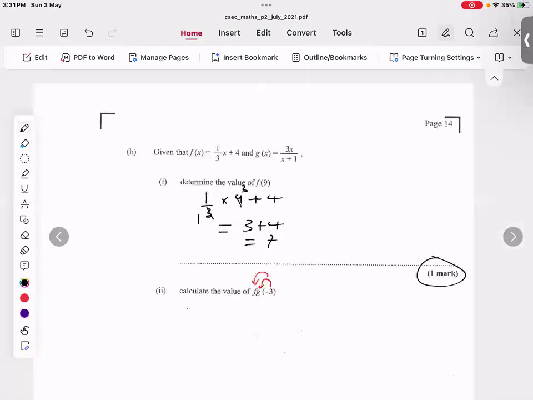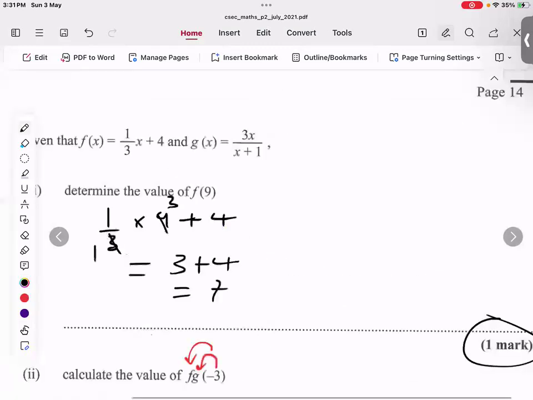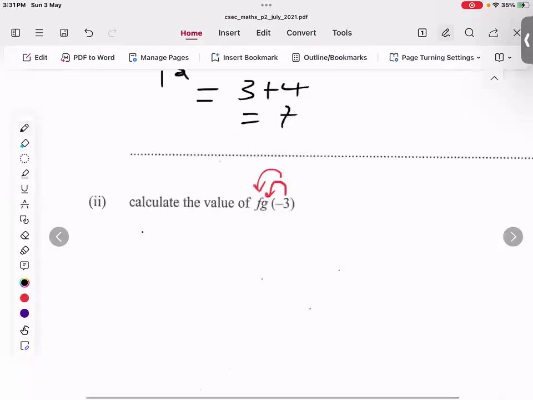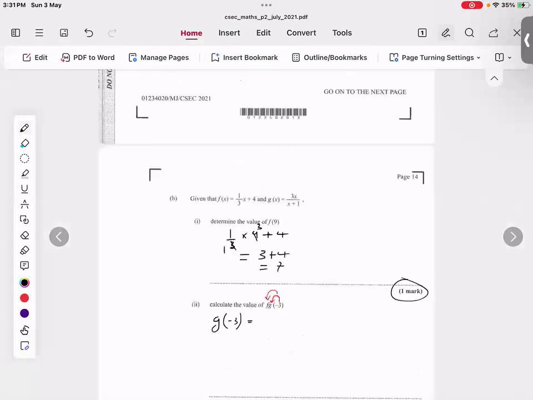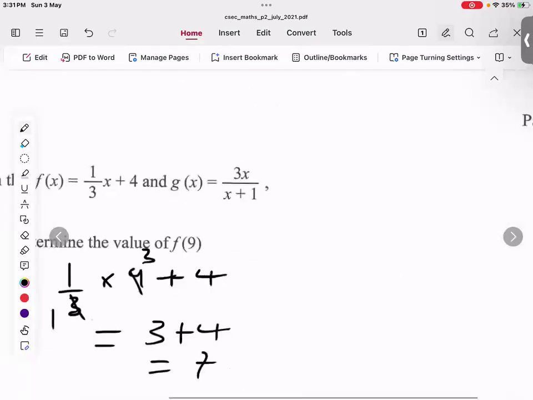So we're going to put the -3 here. So g of minus 3 is equal to, put the minus 3 right here and right here.